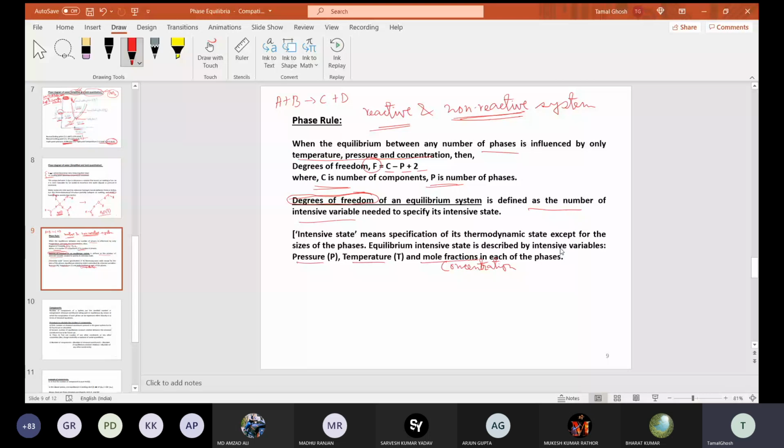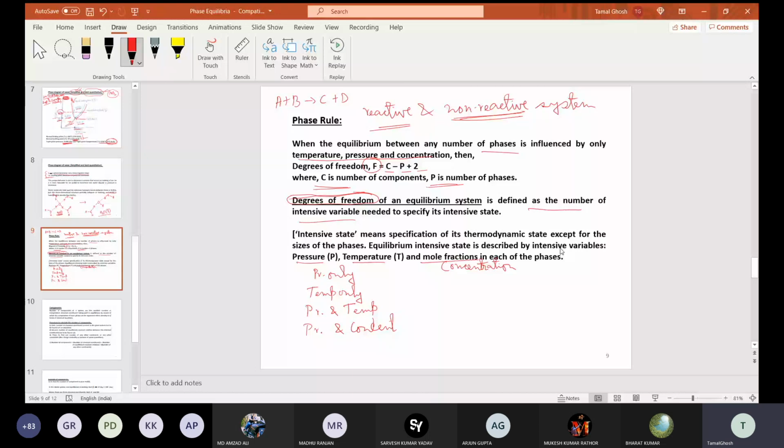In some situations pressure may be the only variable. In some situations temperature may be the only variable. In some situations both pressure and temperature are the required variables. In some situations pressure and concentration are the required variables.